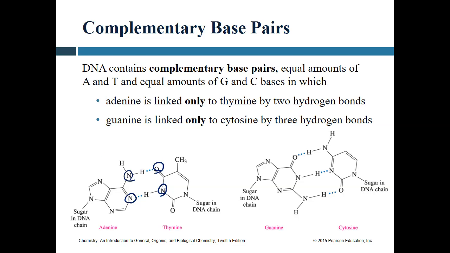That's a perfect opportunity for hydrogen bonding. Here I have an NH bond on the thymine. It can get close enough to the adenine's nitrogen in that purine group to hydrogen bond with it as well. Adenine and thymine make two hydrogen bonds with each other.